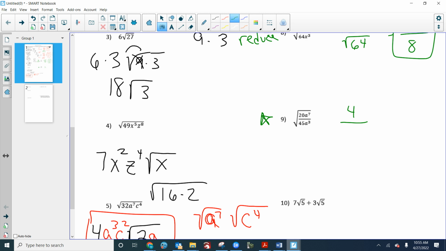Is it 8 or 9? 9. Now, same thing. a to the 7th divided by a to the 3rd. Where do I have more a's at? Top or bottom? How many more? 4. Write it. And then once we reduce, we got 2 problems.